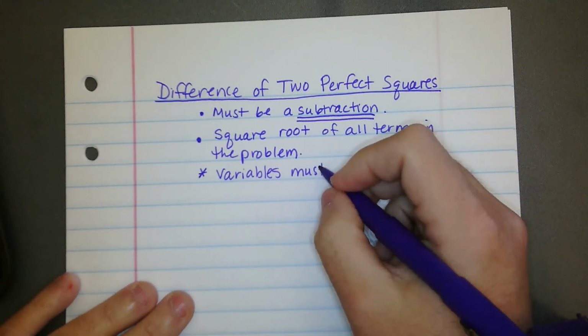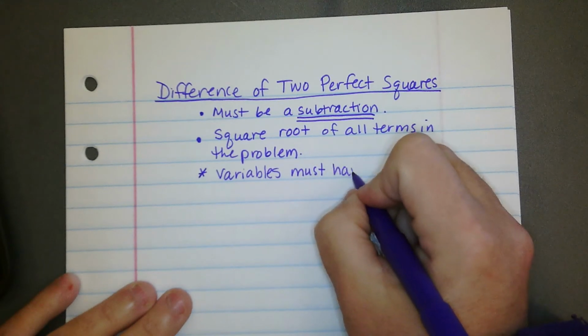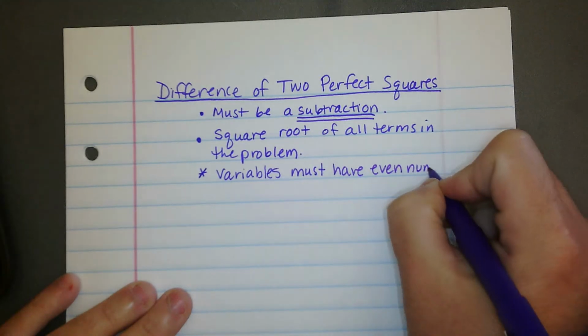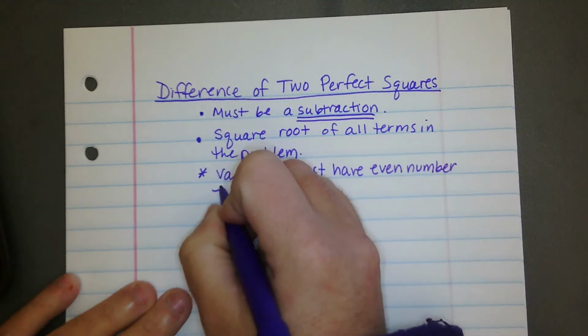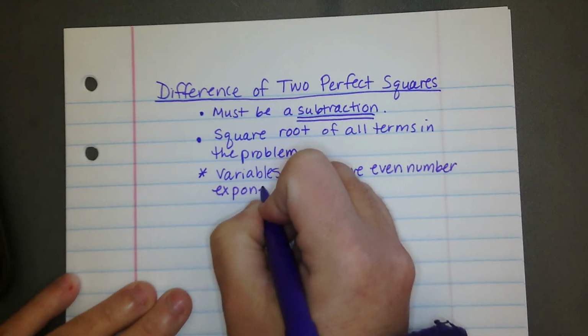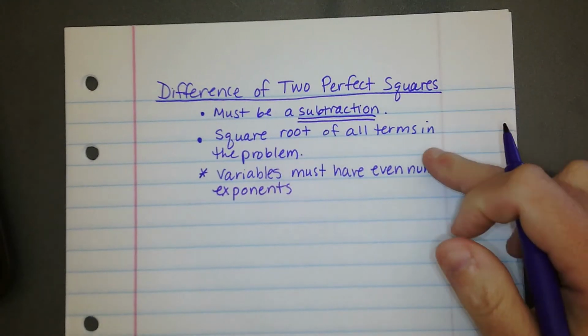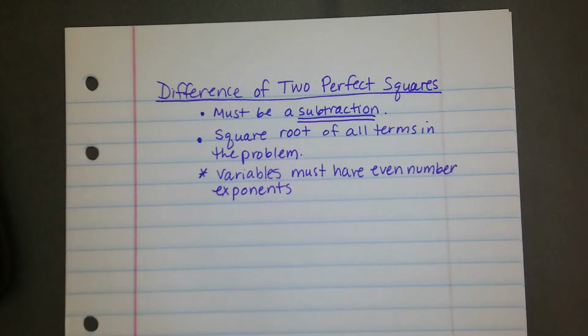So variables must have even number exponents. If you can identify that all of these things are in place, there's a subtraction, you can take the square root of everything, and all of your variables have even number exponents, then you are set to get started to factor the question using this method.